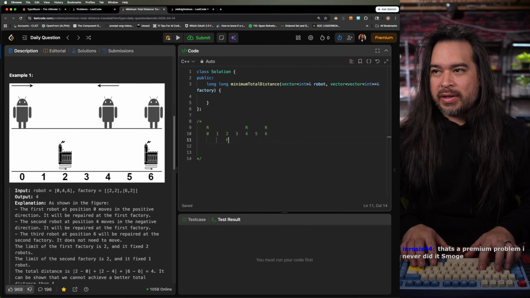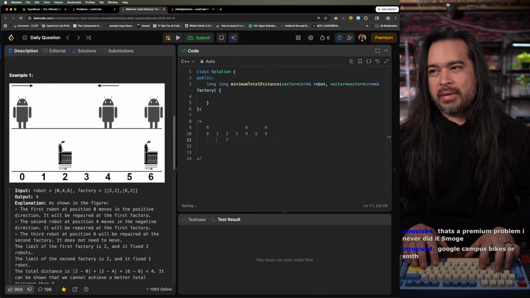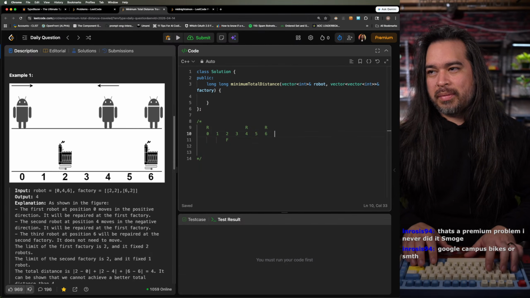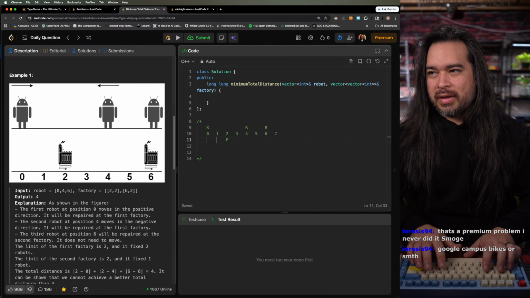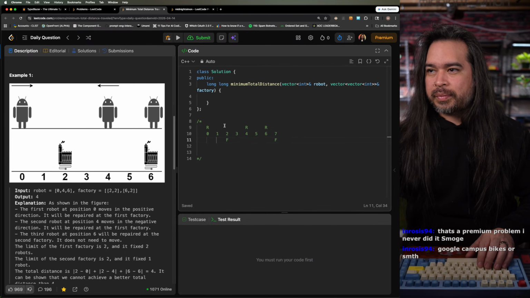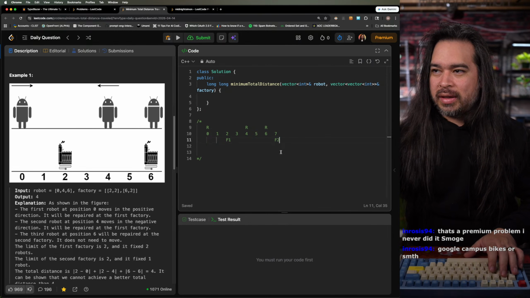And we have a factory here. And let's say there's a factory here. But let's say this can only take 1 and this can take 2.